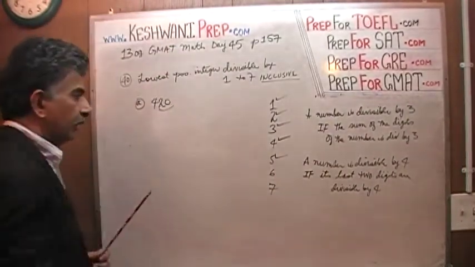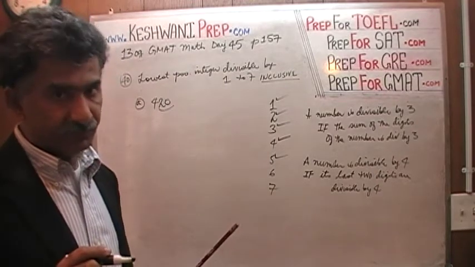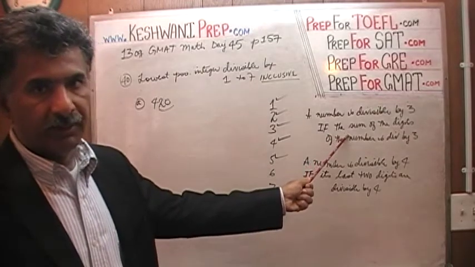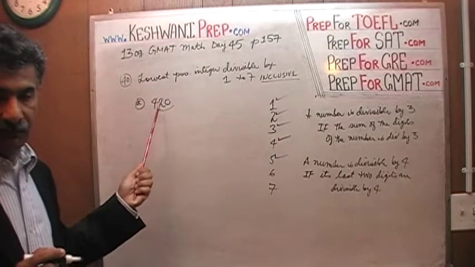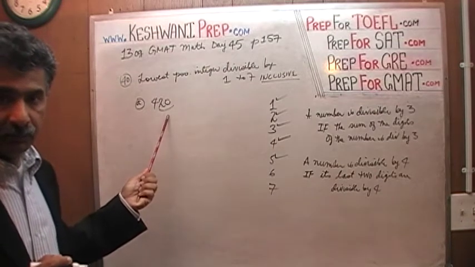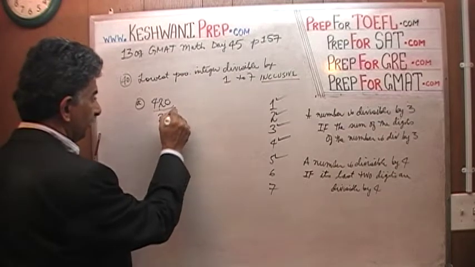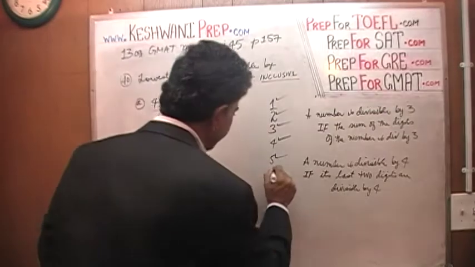A number is divisible by 6 if it is an even number, which means it's divisible by 2, and if the sum of the digits is divisible by 3. Since we already know this number is divisible by 2 and by 3, it must be divisible by 6. So that works.